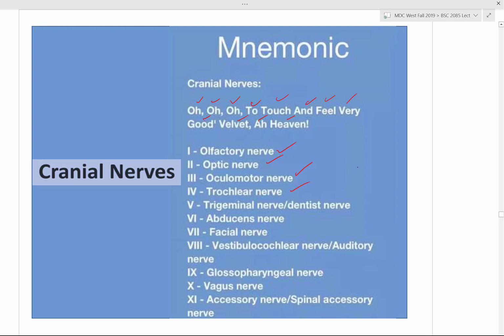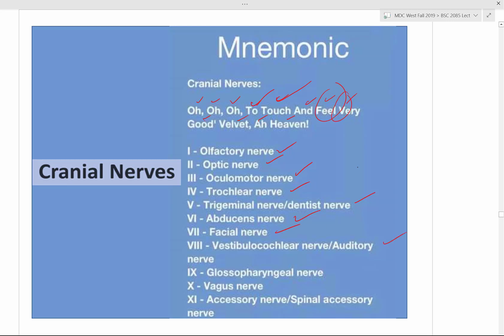T is what? Trochlear. T for touch. Touch is trigeminal. A is for abducent. F for feel is for what? Facial. V is vestibulocochlear.